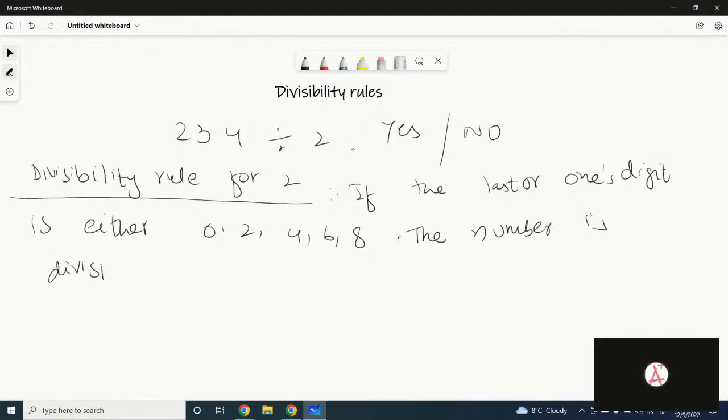Got it? Like for example, this one. You have 4, the rightmost digit or the ones digit, that is 4. Yes, the last digit is 4. That means yes, the number is divisible by 2.